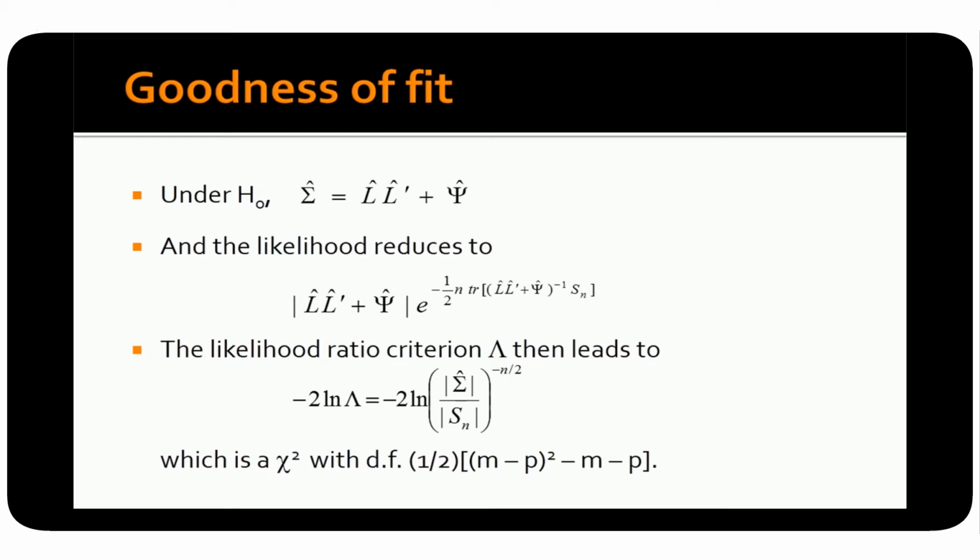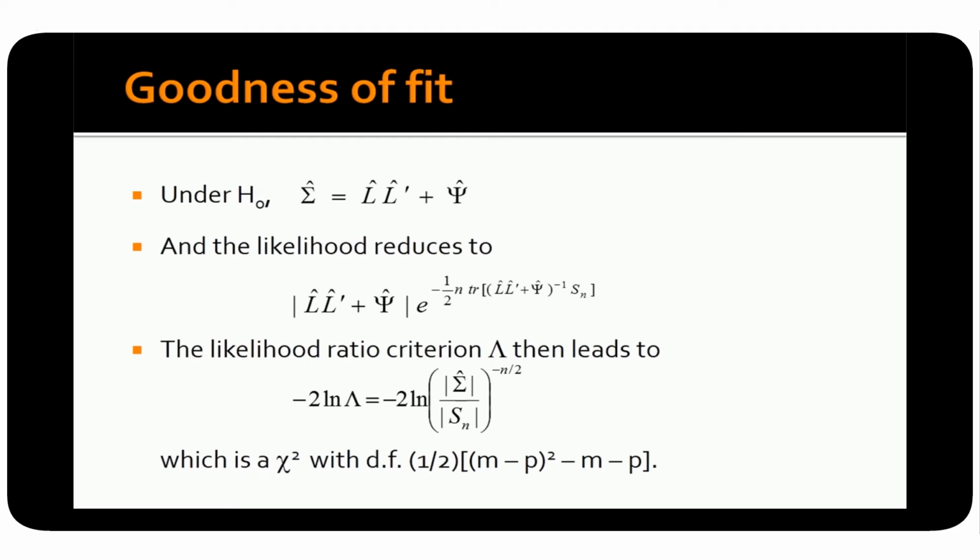If we put this into the likelihood function, the maximum value under this would be given by determinant of L hat L hat prime plus psi hat, to the power of minus n by 2, into e to the power of minus half n trace of L hat L hat prime plus psi hat inverse into Sn. But then the exponent would have a value where this Sn cancels off with L hat L hat prime plus psi hat inverse, and we would be left with an exponent which would be the same as before, that is e to the power of minus nm by 2.